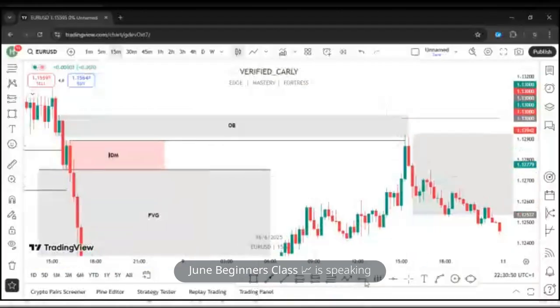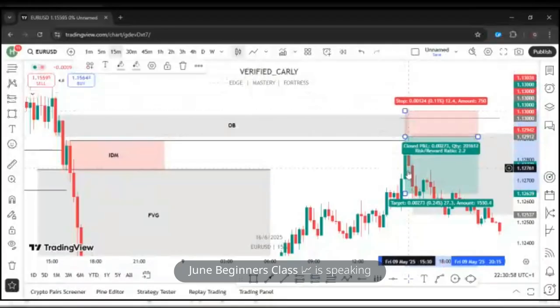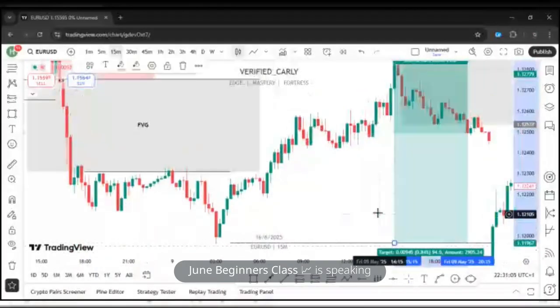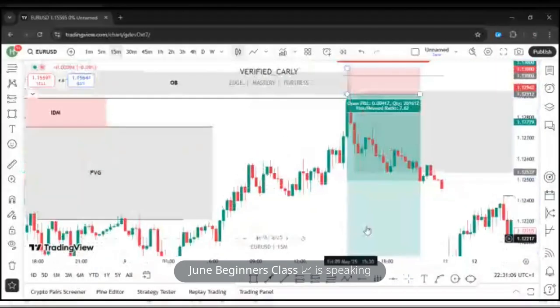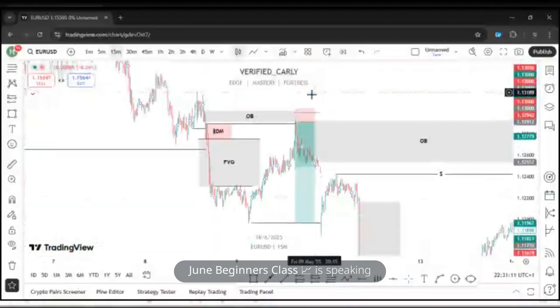It is not valid. So this is where price swept it and took us in. If you placed your order here and set your stop loss, and maybe your target might be this low, price will surely take it. Price will surely use it. This is a 1:7 trade, a 1 to 7 ratio.